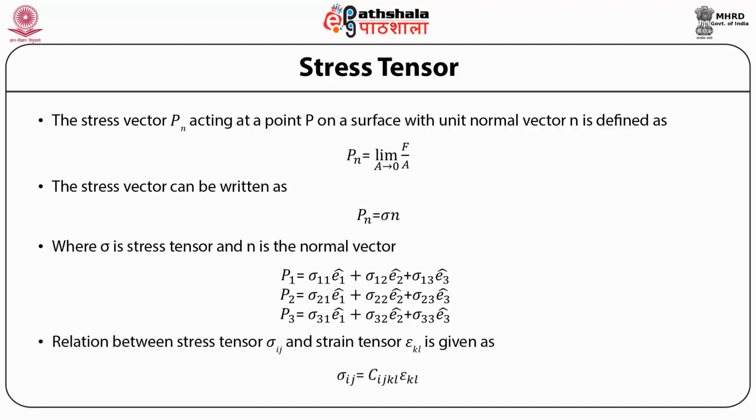So, the relation between the stress tensor and the strain tensor. Before discussing this relation, students, here e1, e2 and e3 cap are the three normal vectors to the ordinate planes.